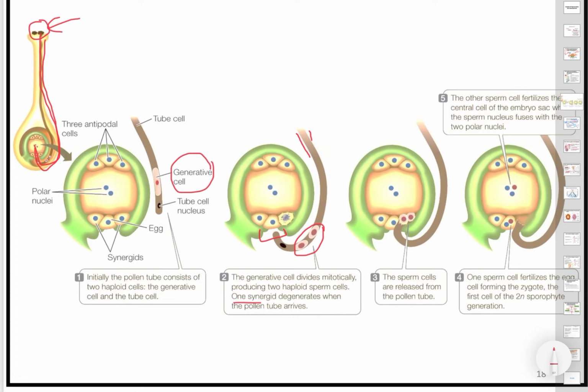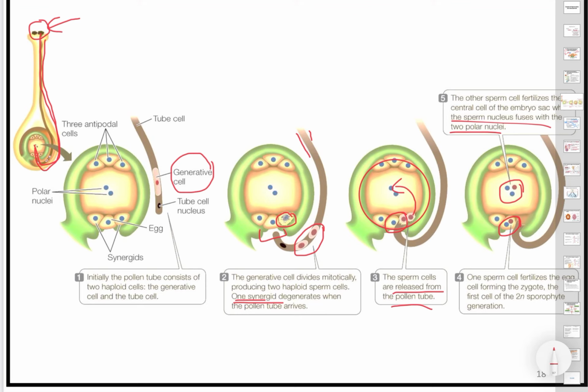it will cause one synergic cell yang ada dekat dalam kita punya ovule tadi akan degenerate, dia akan hilang, and the pollen tube will discharge the male gamete into the embryo sac, where one male gamete will fuse with the egg forming diploid zygote, and the other male gamete will fuse with the polar nuclei dekat tengah-tengah untuk membentuk triploid endosperm.